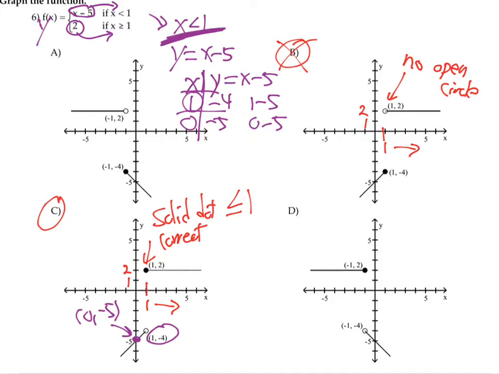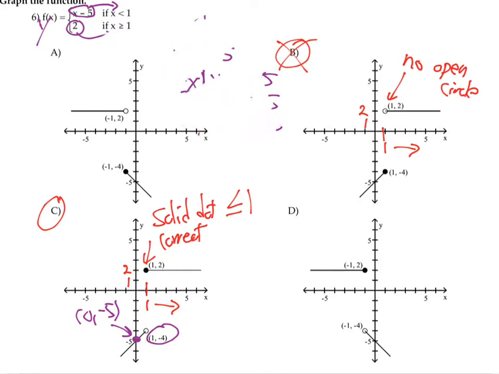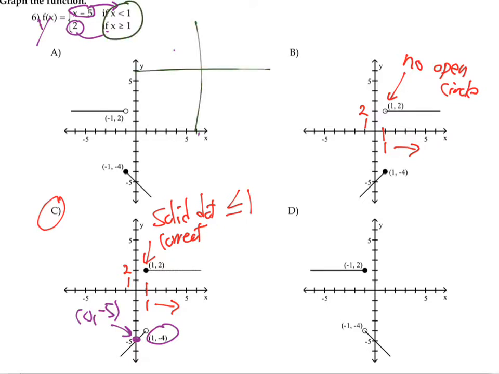Does that make sense? So really, here's one more thing I could say to help. The number they have out here for x is kind of like a dividing wall. That might help you. That's where it splits, right?